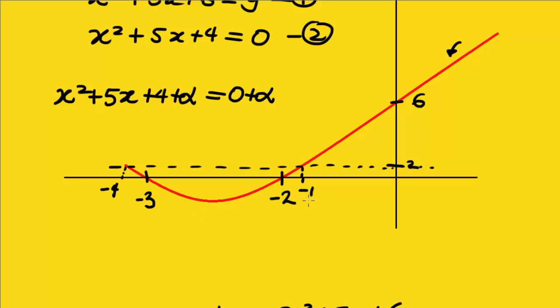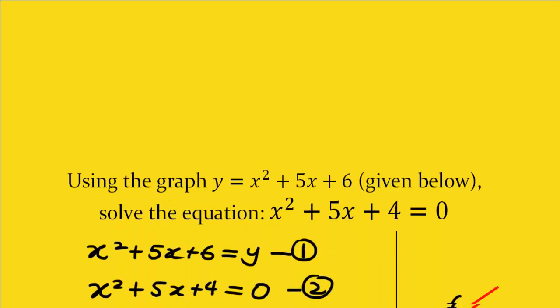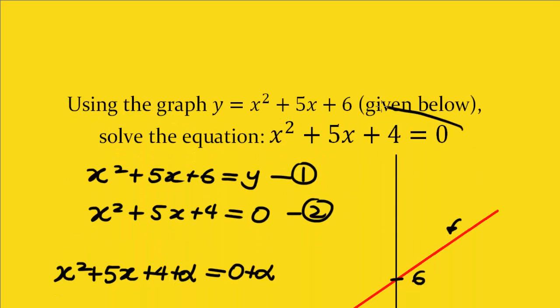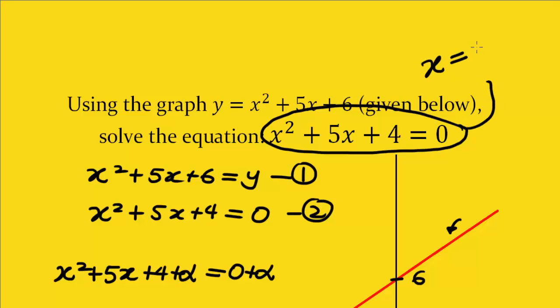So this is x is -1, x is -4. Oh, the solutions are actually x equals -1 and x equals -4. And yeah, it's a lot to take in, but that's pretty much the technique.